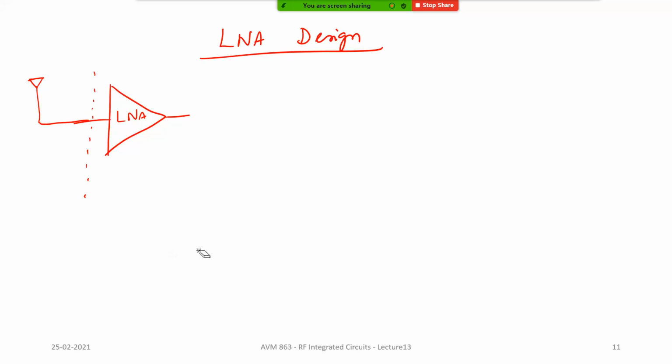Many of the cellular receivers now are basically implementing SAW-less receivers. That means you get rid of the bandpass filter totally. Directly the antenna connects to your LNA. So whatever it is, this is your chip boundary. This is on the chip, this is outside the chip. Now because the trace lengths here are longer, the first important thing is the input impedance should be matched to 50 ohm.